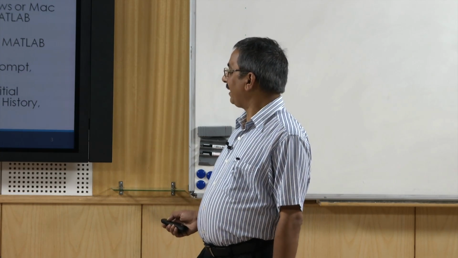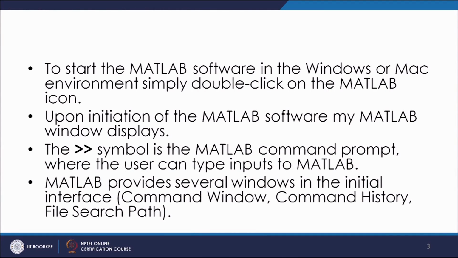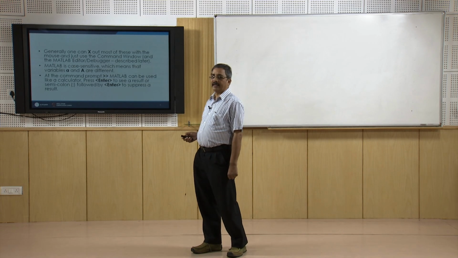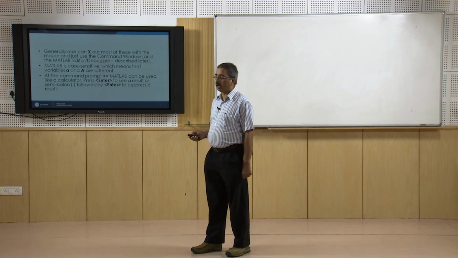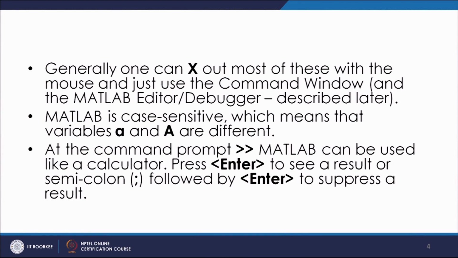Now, Matlab provides several windows in the initial interface, say the command window, command history, file search path and so on. Generally one can close most of these with the mouse and just use the command window here, and the Matlab editor or debugger, which we will describe later.